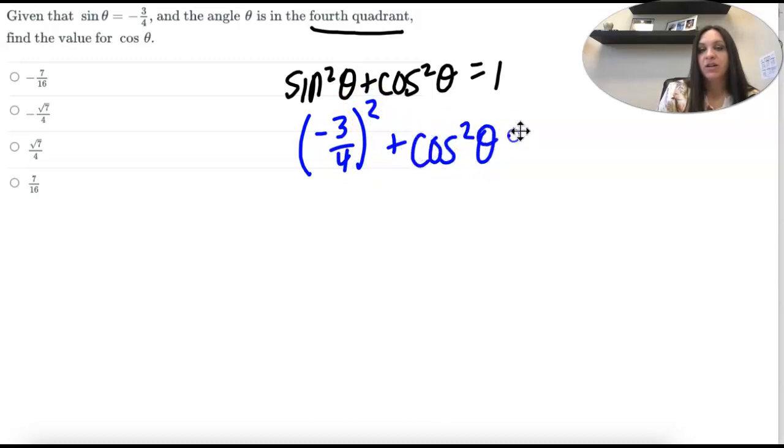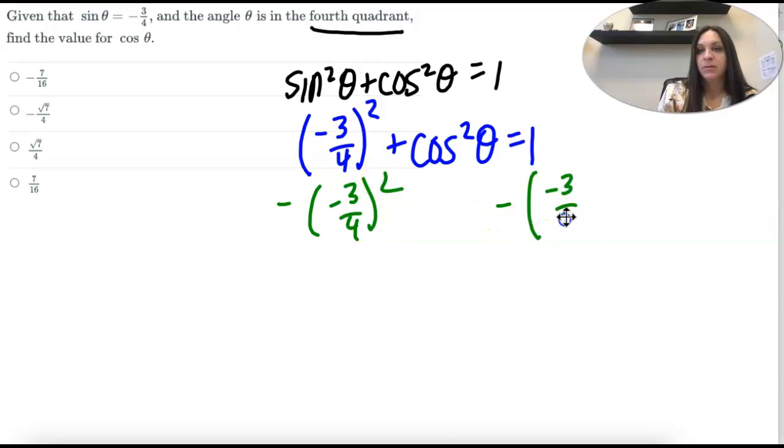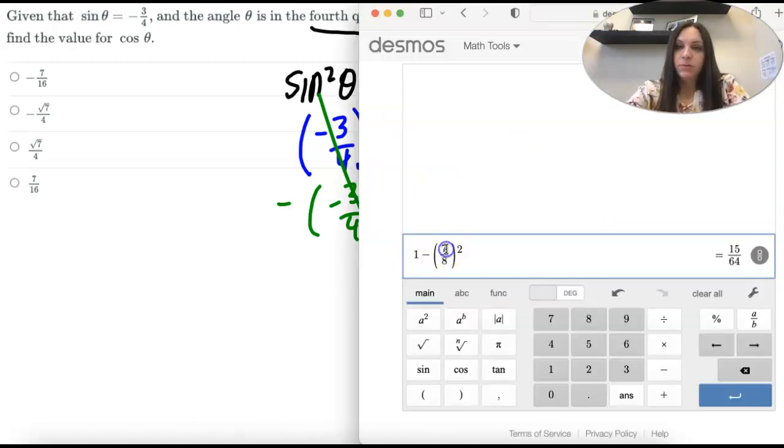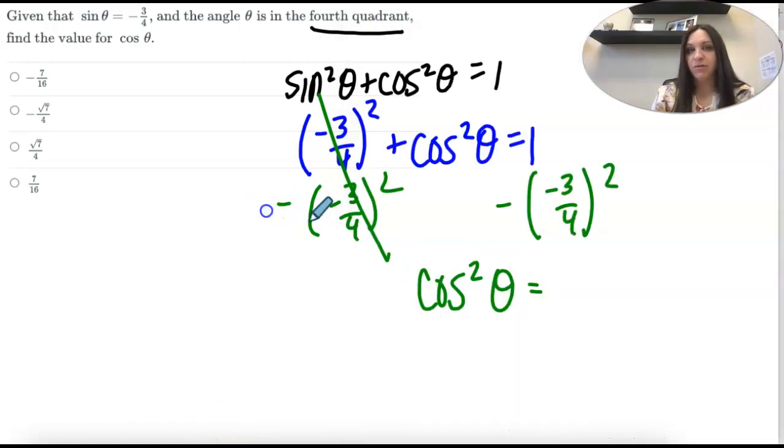And we're finding cosine. So to solve for cosine, we're going to subtract this value. And that's -3/4 squared. So 7/16.